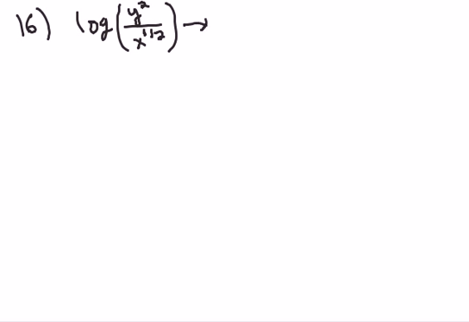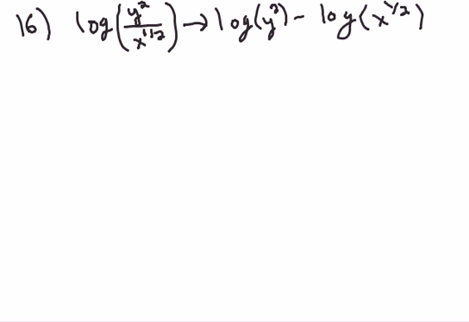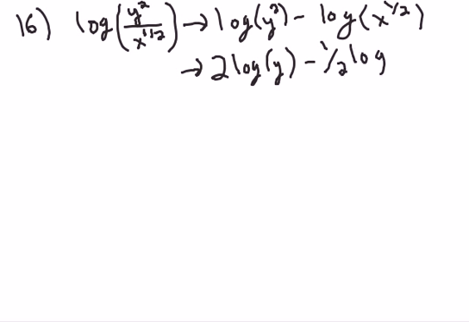So again, we have division, so we can split it by subtraction. Log base 10 of y squared minus log base 10 of x to the 1/2. We can use the power rule for both of these and bring down the exponents. And if you look at the options here, the answer is B. That's exactly what I just got. So this is B.